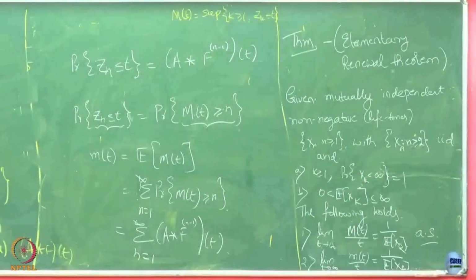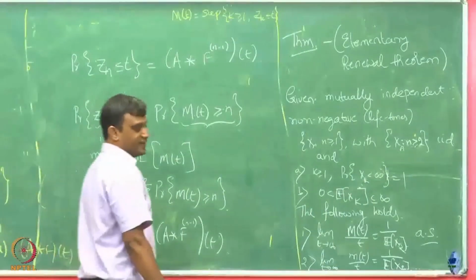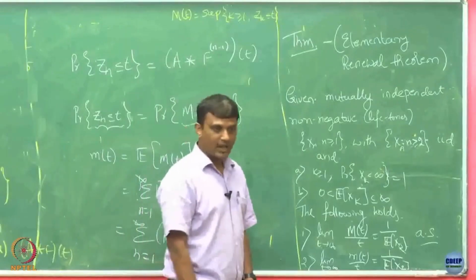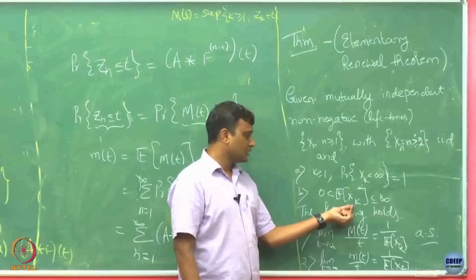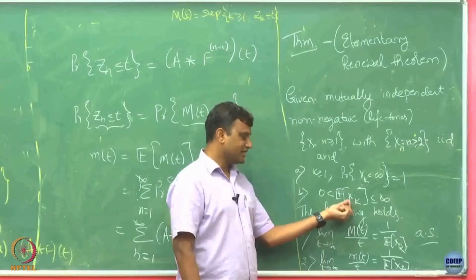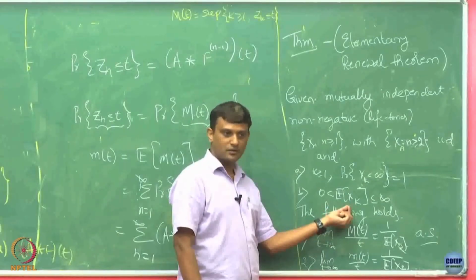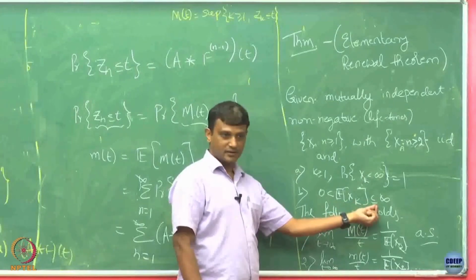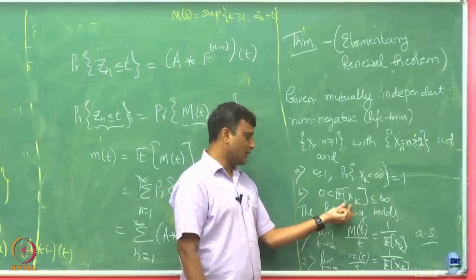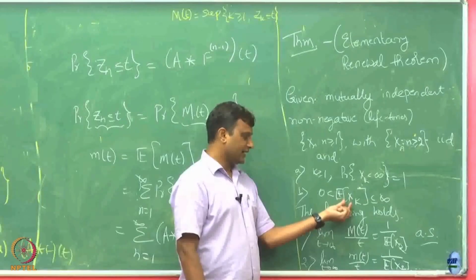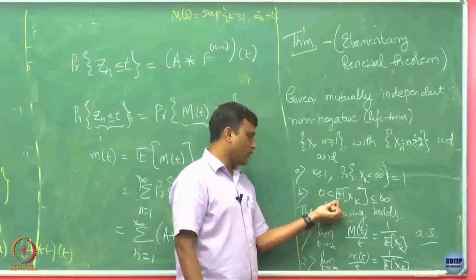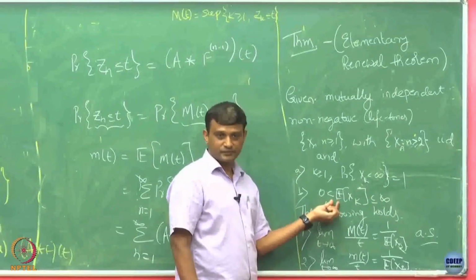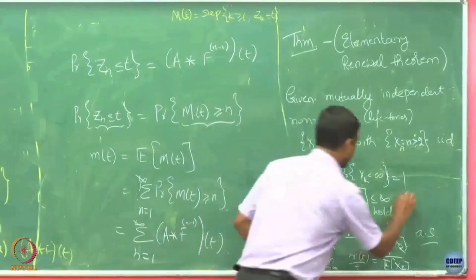So all my Xk's are finite with probability 1, but I am allowing this Xk to take the value infinity. So all I want is for the expectation of Xk to be any value, but strictly greater than 0, for all k.